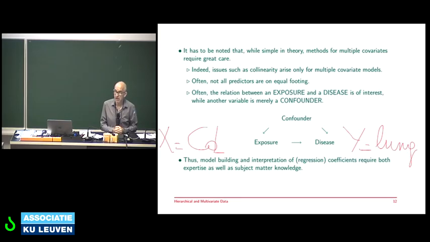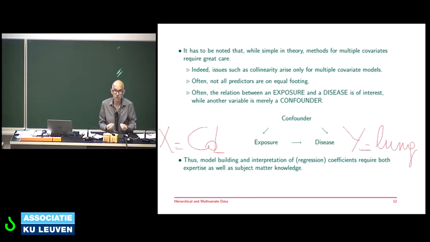But of course, I cannot do an experiment. I cannot say 50 people are exposed to cadmium, 50 people are not randomly allocated. No, that's unethical. I can do that in a clinical trial with a medication. I cannot do that with a harmful effect. So what is the solution? I use the data that are available anyway.